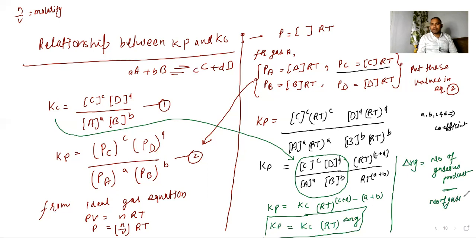In short, you can write it as NGP minus NGR. Is it clear? Can you please make a note of it? Yes, I was just writing it down.